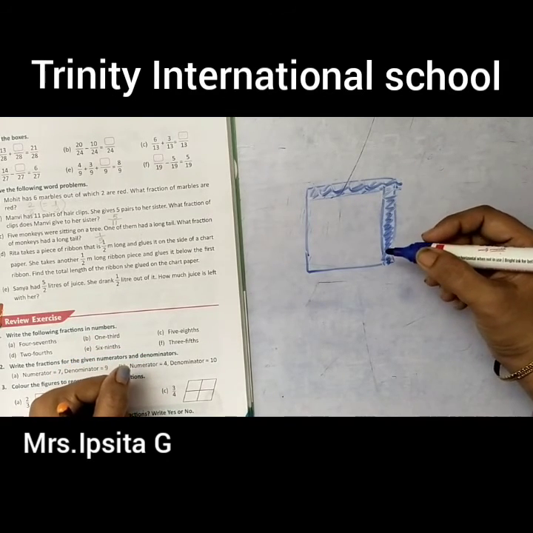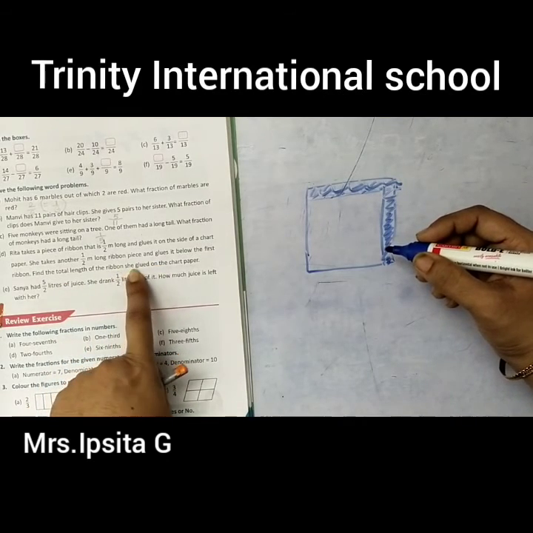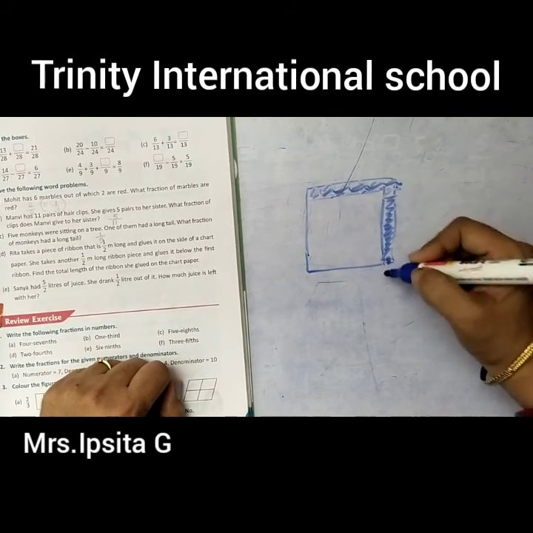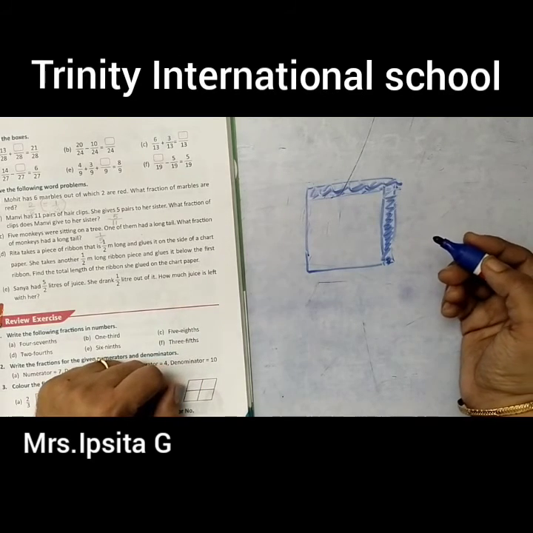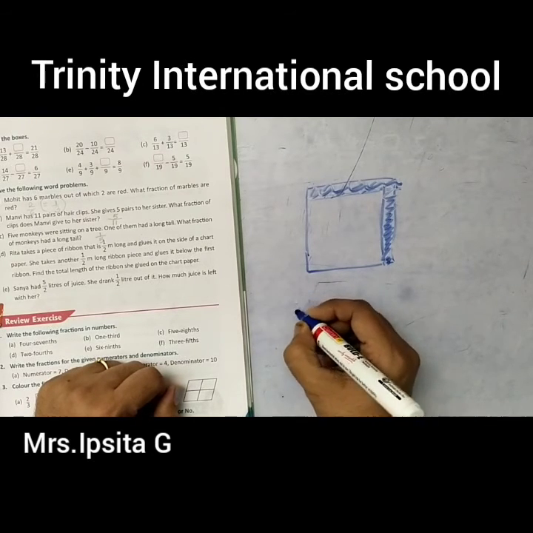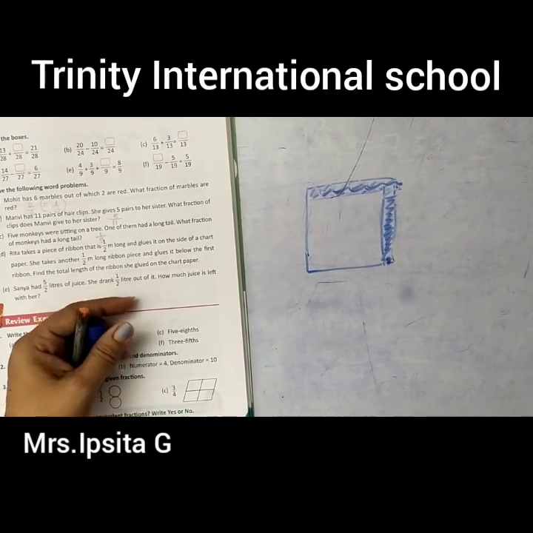Find the total length of ribbon she glued on the chart paper. ये टोटल रिबन उसने कितने यूज़ किए वो हमें बताना है. तो इसके लिए हम क्या करेंगे, 1/2 मीटर प्लस 1/2 मीटर that we will add.